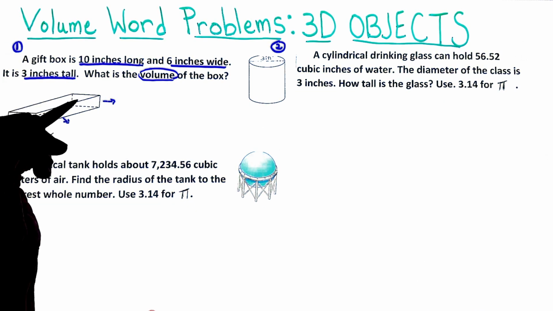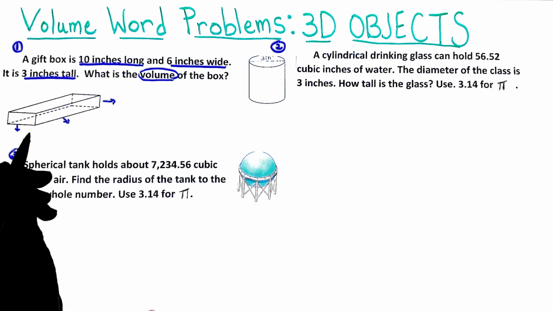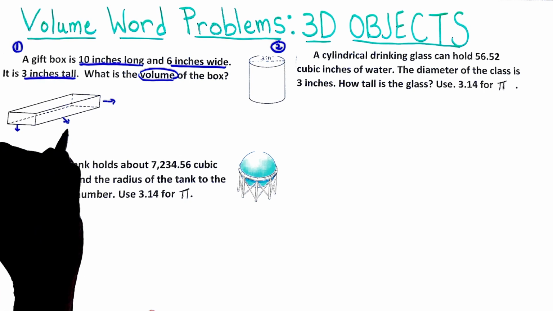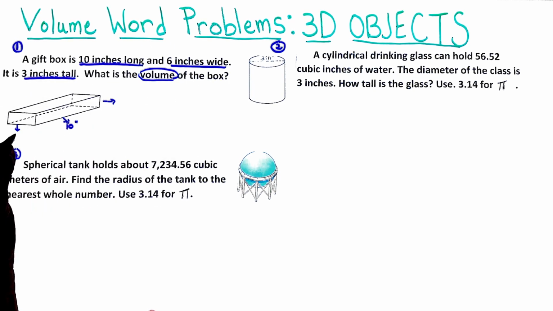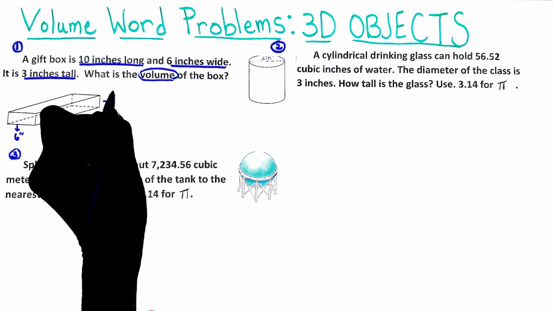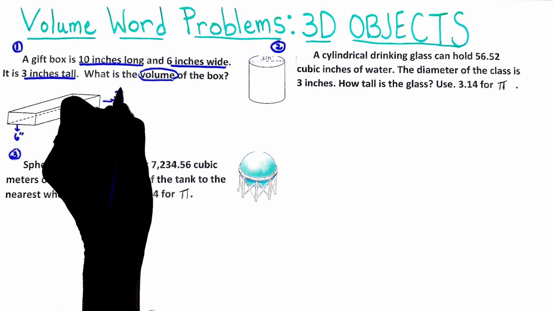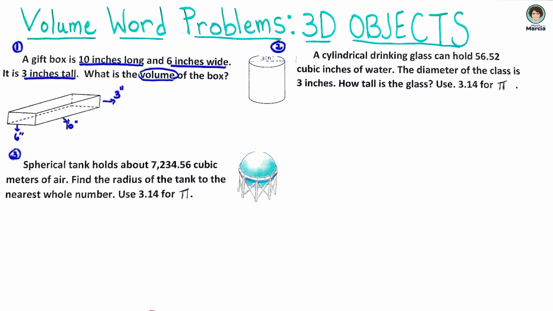So marking the picture now so you can really visualize it, and it's not drawn to scale, but as long as we label it, this is 10 inches. 6 inches wide would be right here, and 3 inches tall is the height of it.